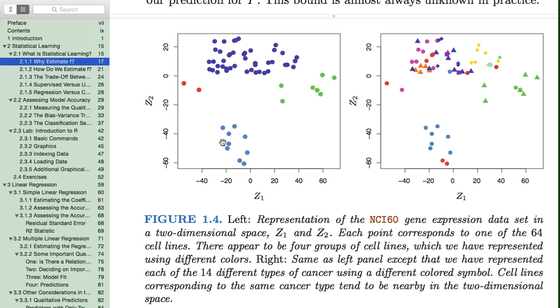Over here, however, they've done some coloring on the basis of the actual types of cancer, with both colors and symbols. A green dot is different from a green triangle. A red dot is different from a blue dot. These refer to, I think, 14 different types of cancers, so there should be 14 different kinds of symbols here.